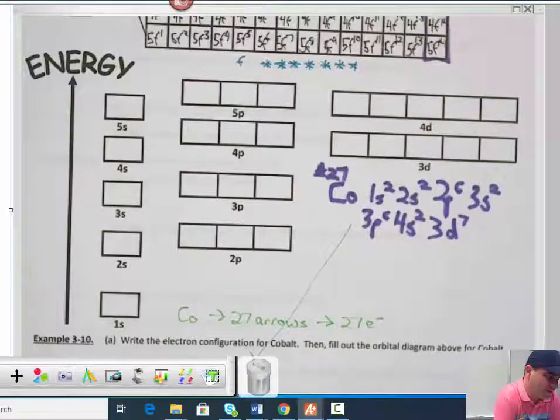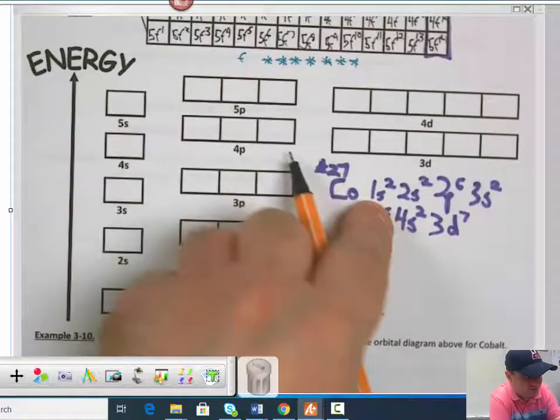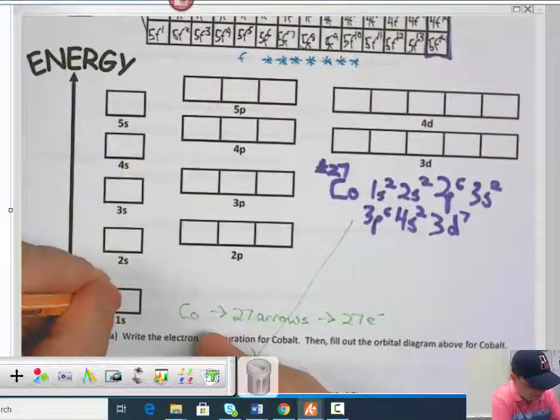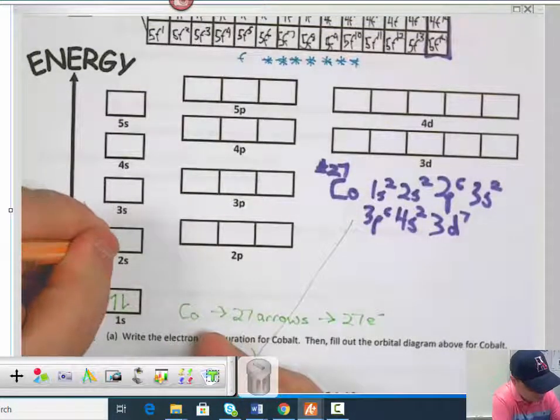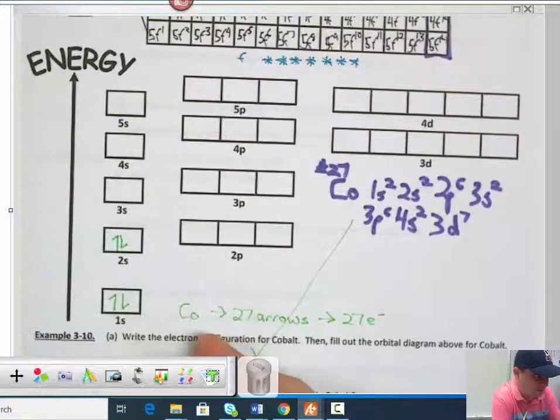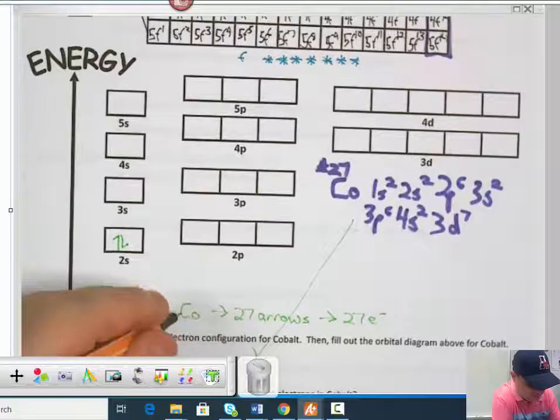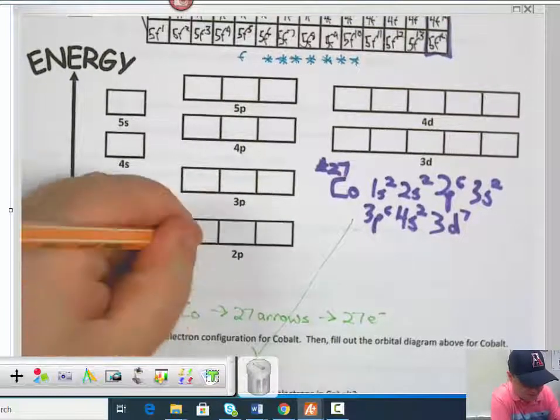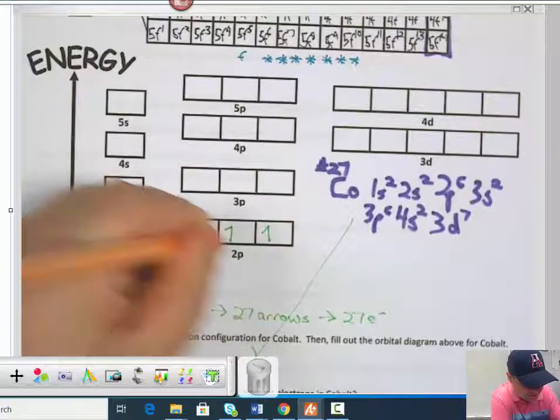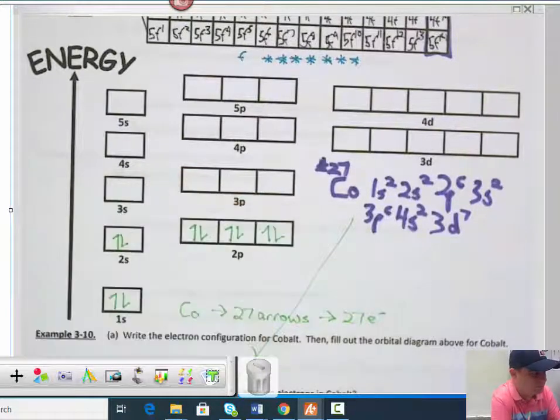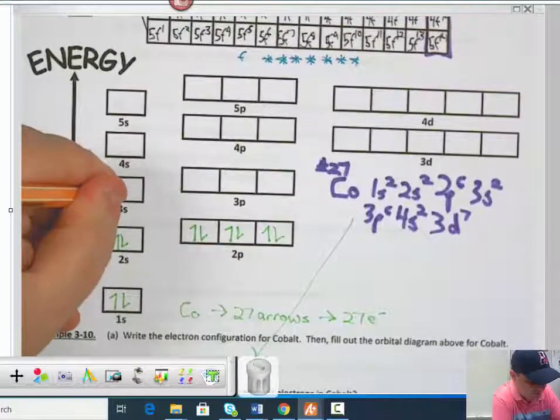So here's how we do this. We start off with our 1s2. We go arrow up, arrow down, and I draw half arrows because they represent half spins. Then we go to 2s2. Arrow up, arrow down. We've only done 4 electrons. Then we do the 2p. Notice how I do the 2p here. You have to do up, up, up, down, down, down. Then up, down.